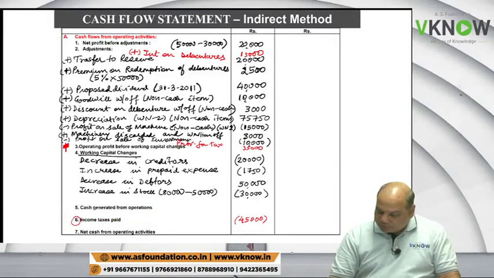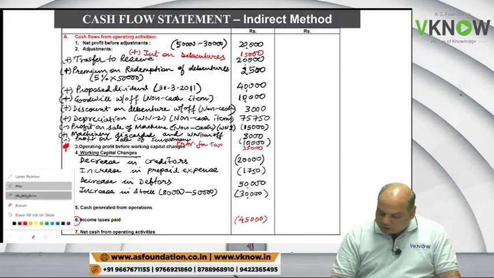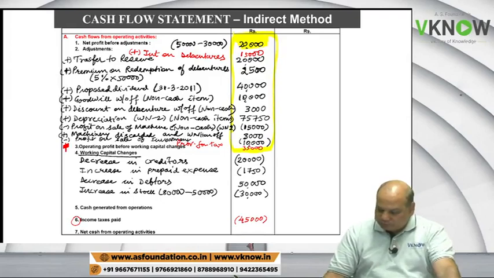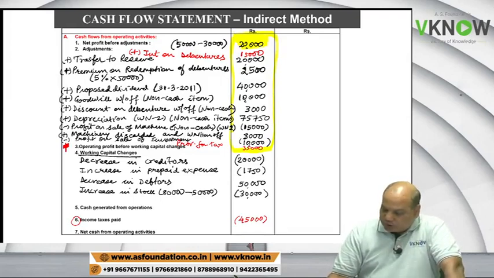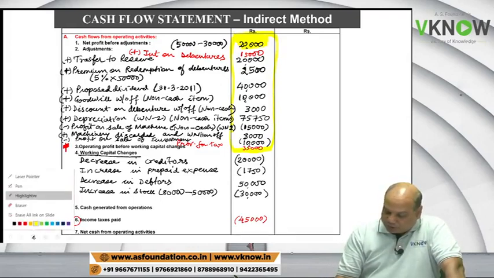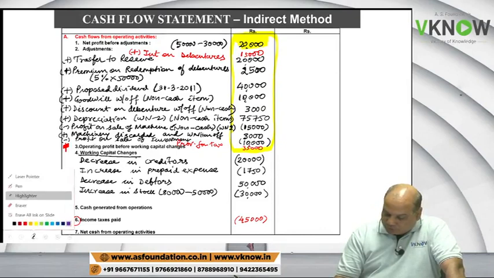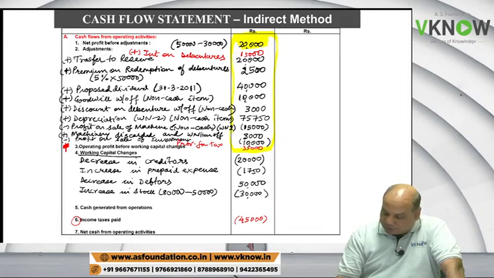Dear student, first you will have to take the total from net profit till the last item here, 35,000 or 15,000, whatever you have written. So you will tell me what is operating profit before working capital changes. Please reply.